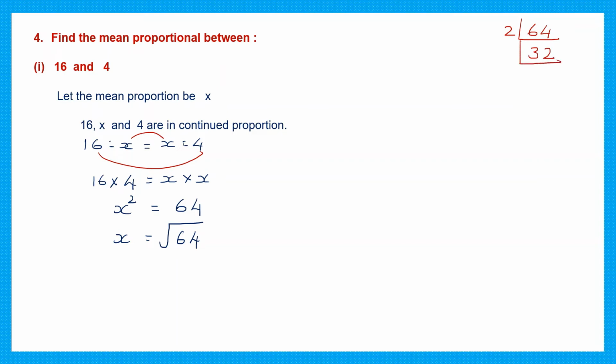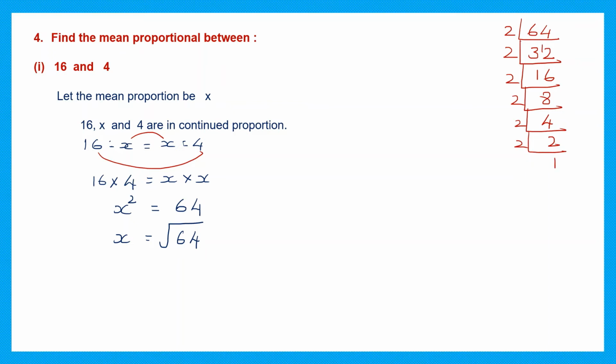I've got 32. Now, 2 1s are 2 and then that's 3, so there's 1 left, 12. 2 6s are 12. Again, 2 8s are 16. 2 4s are 8. 2 2s are 4. And 2 1s are 2.